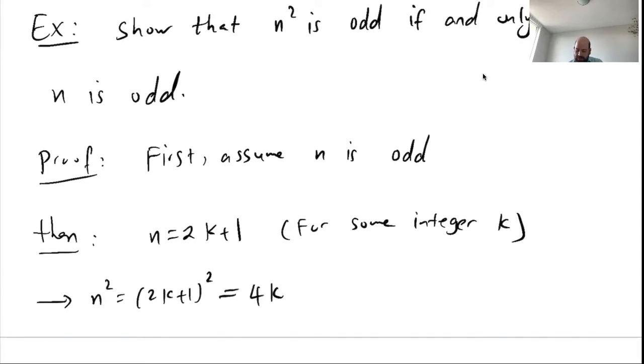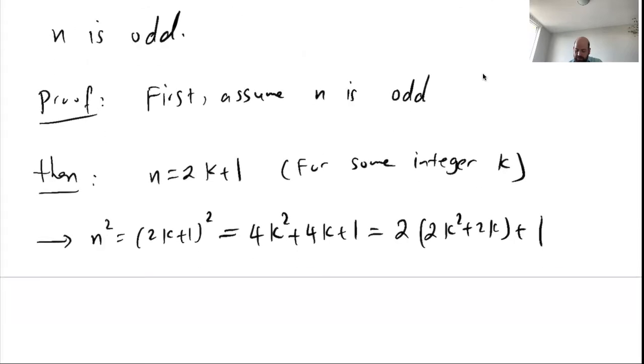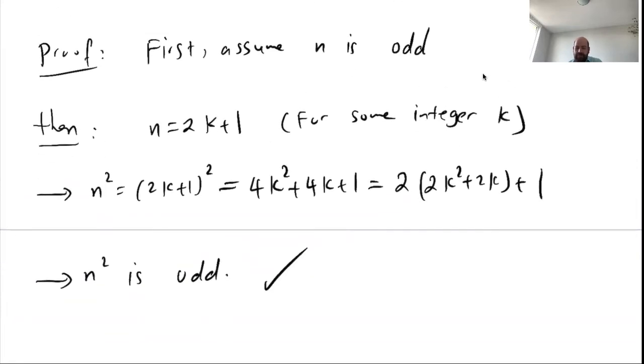We expanded this as 4k squared plus 4k plus 1, and then wrote it as 2 times (2k squared plus 2k) plus 1, and that means n squared is odd. So see, this direction is done.